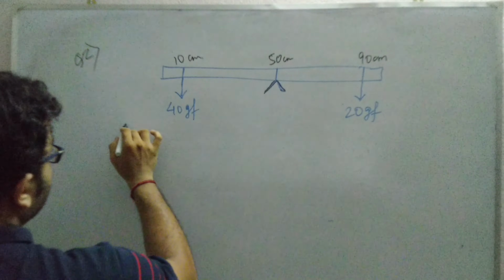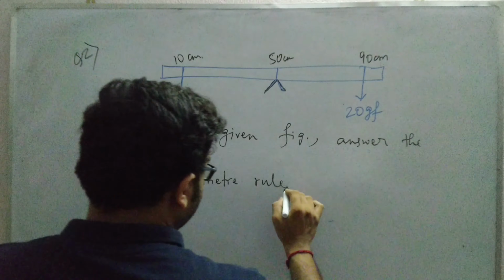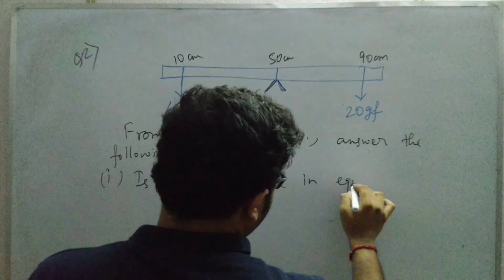Subpart 1 asks: is the meter rule in equilibrium? If not, how will the rule turn?